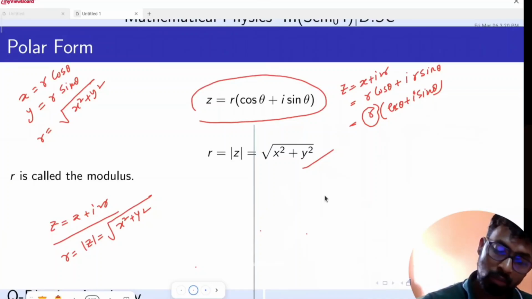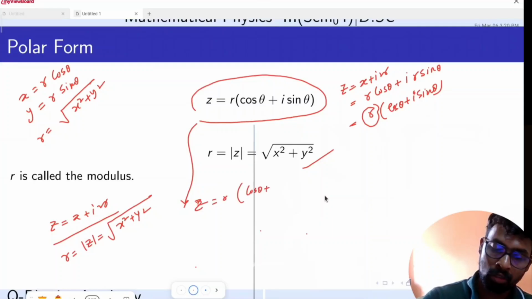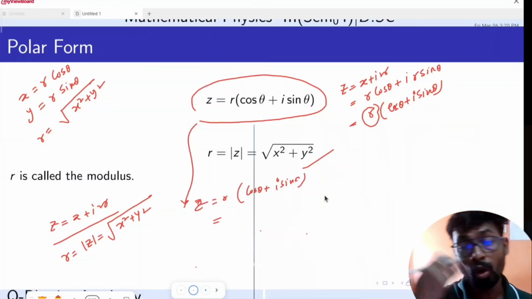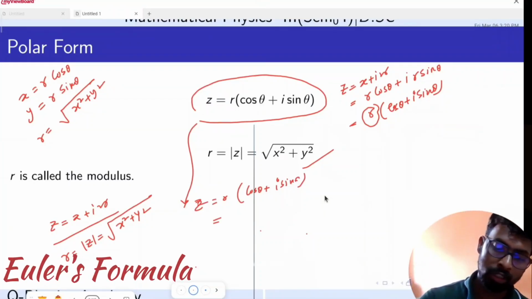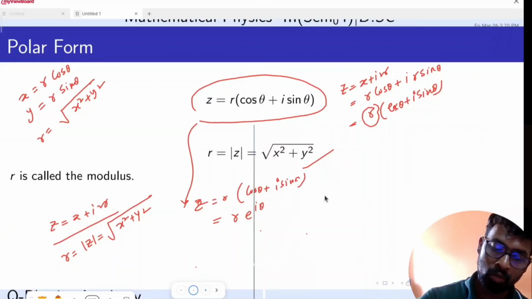Now this expression is written as z = r(cos theta + i sin theta). From Euler's formula, you have to use here Euler's formula, cos theta + i sin theta = e to the power i theta.